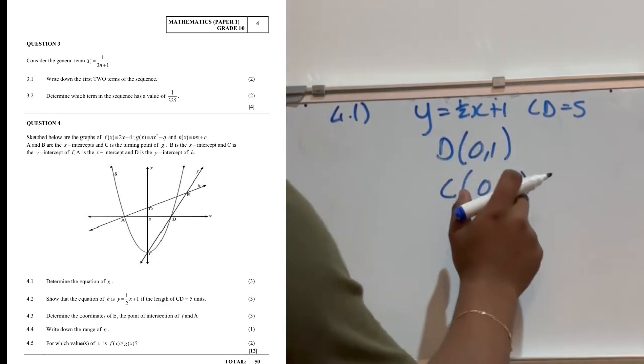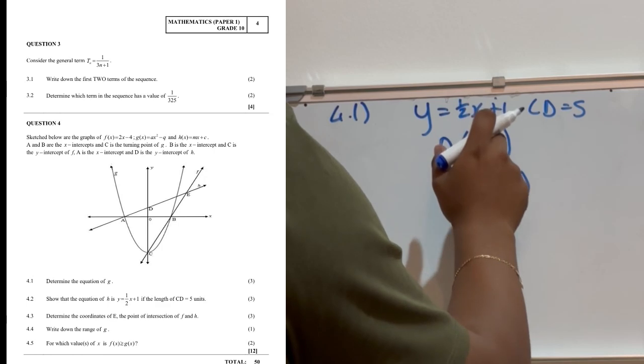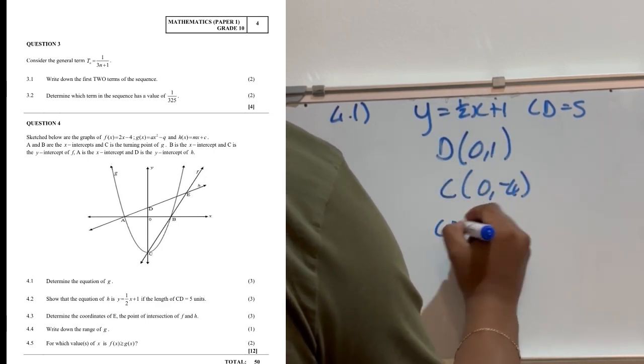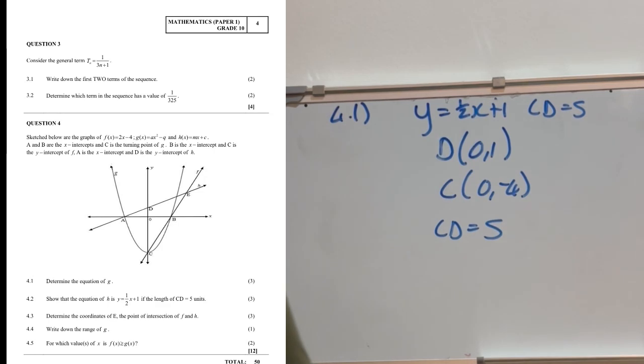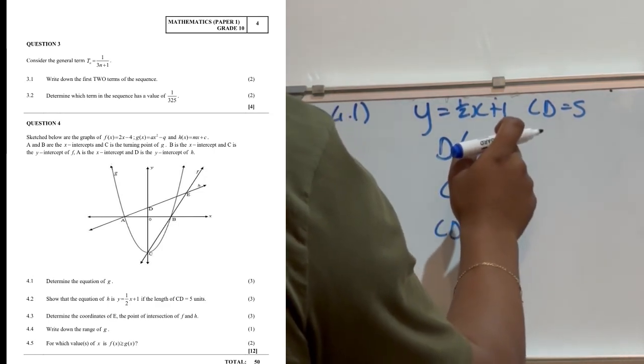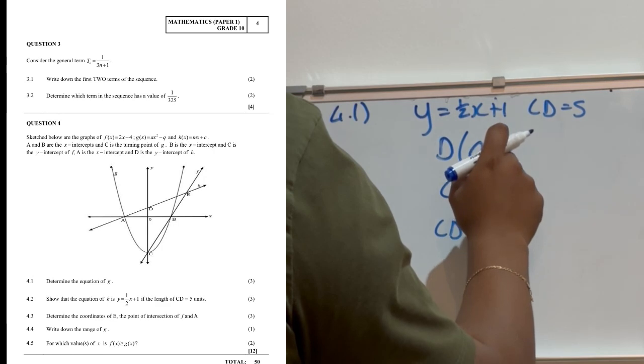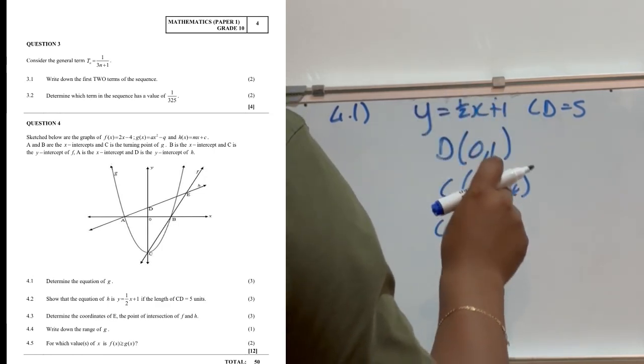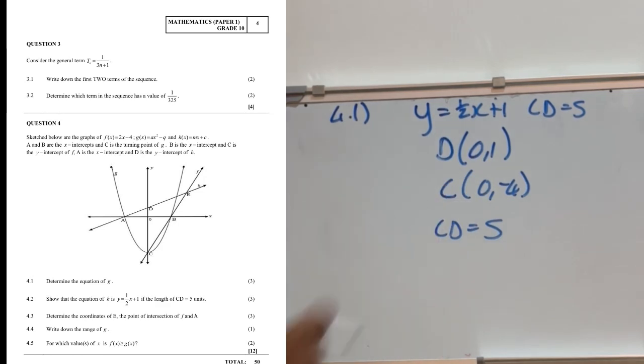So the distance between these two is just that minus this, it just adds up. So then CD is 5. The distance from D to the origin is 1, and from the origin to negative 4 is 4 units, so then 1 plus 4 units is 5 units. That's how you determine it.